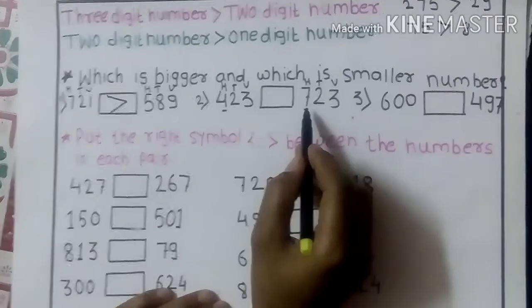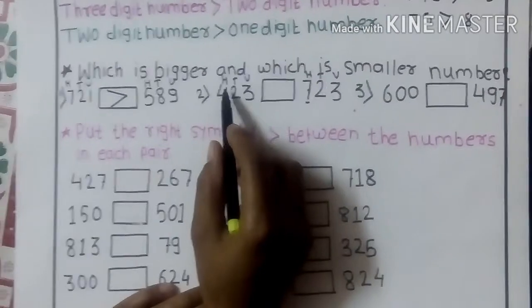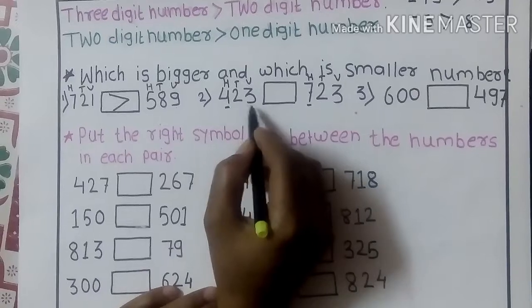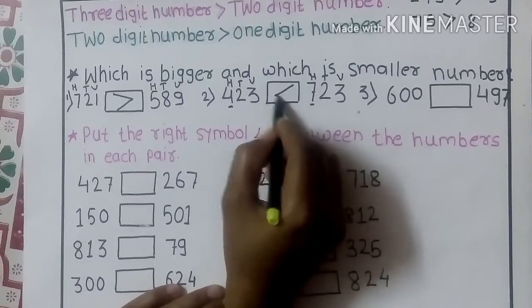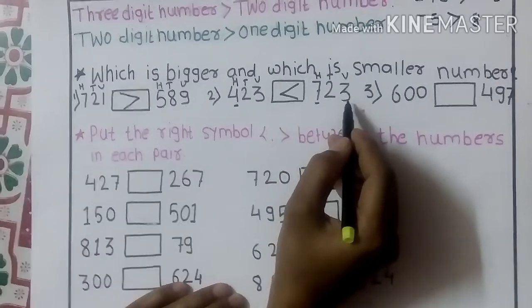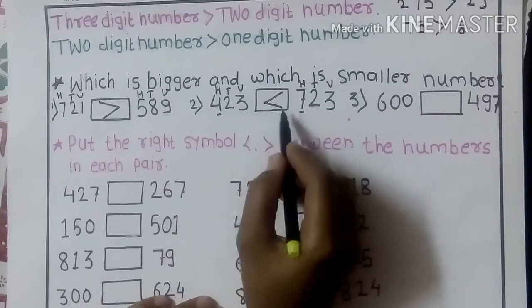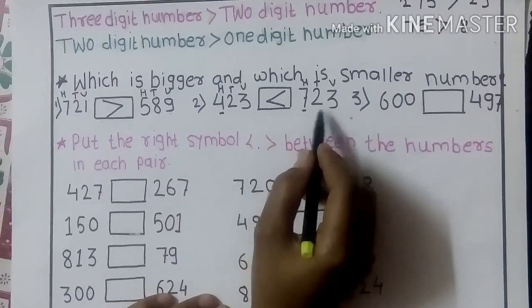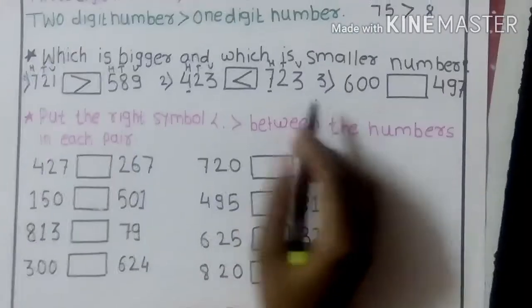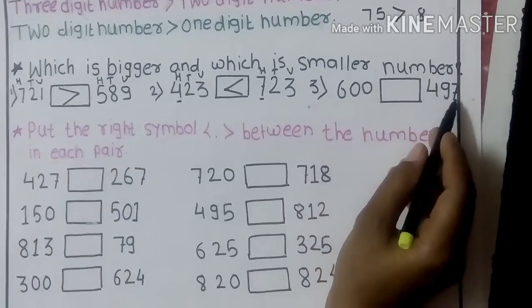In this, 7 is big and 4 is small in the hundreds place. Okay, therefore 423 is smaller than 723. Okay, understood?